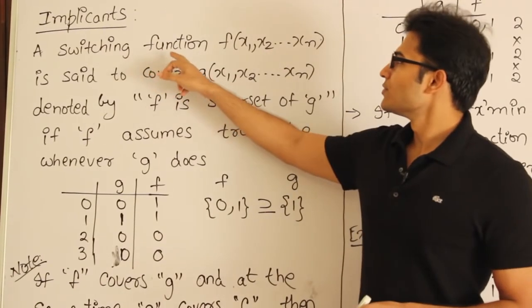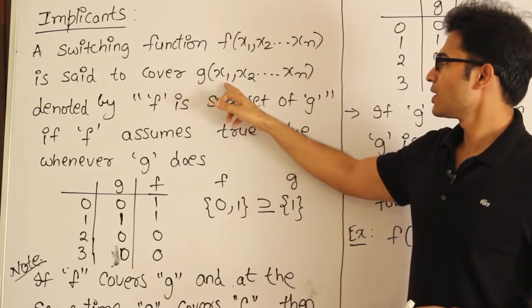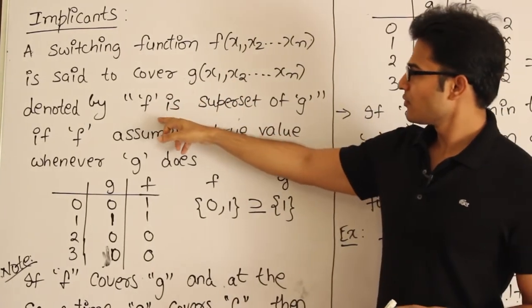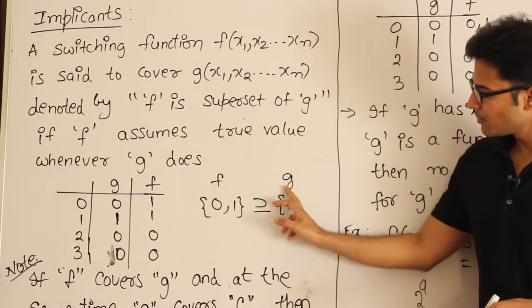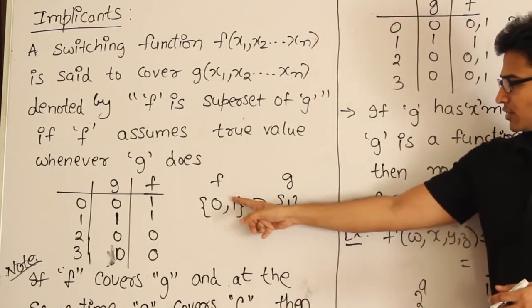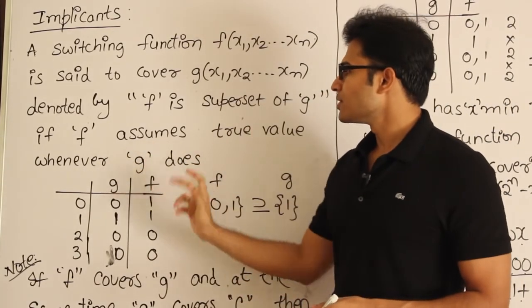Now watch this. A switching function f(x1, x2, ..., xn) is said to cover g(x1, x2, ..., xn) if f is a superset of g, which means f contains all the minterms already present in g. f assumes the true value whenever g does.